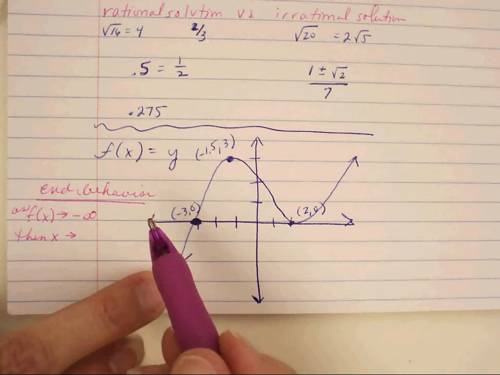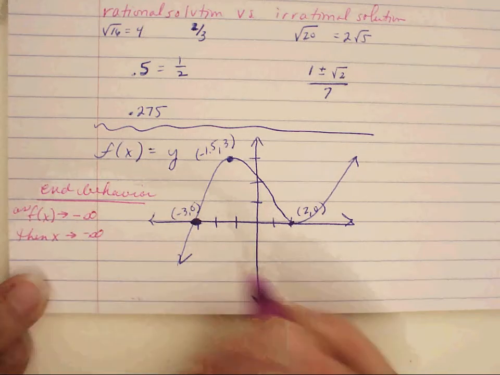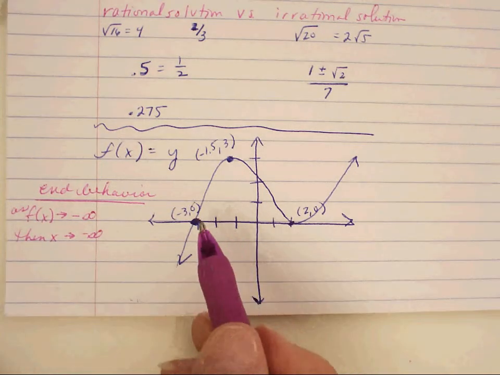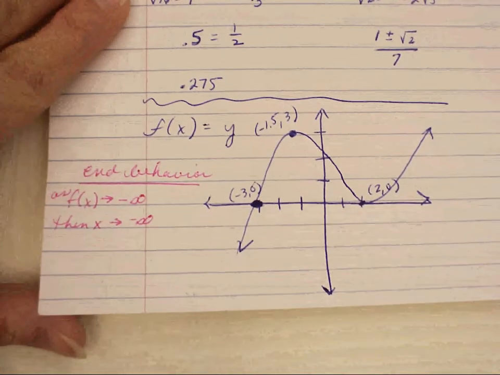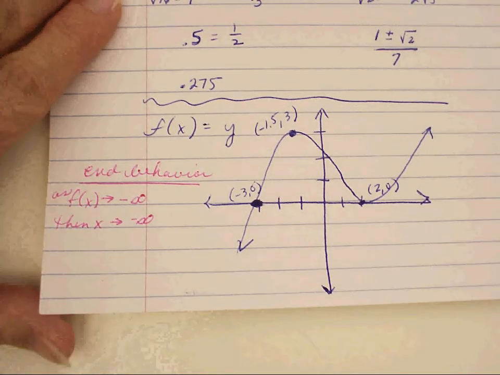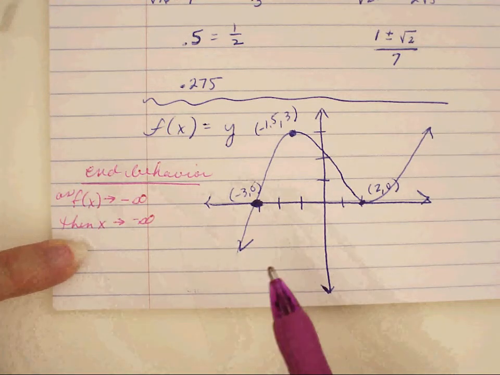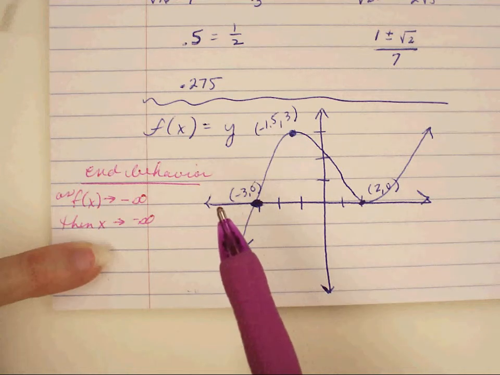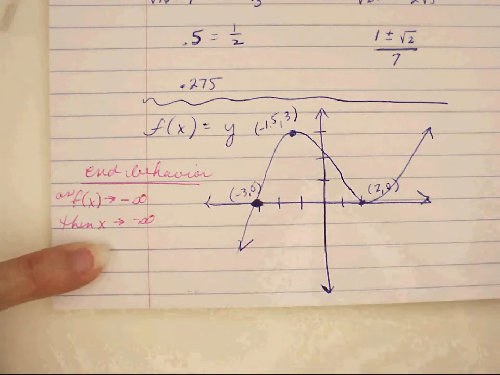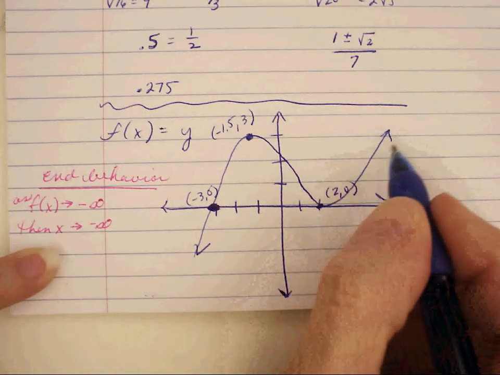As the y goes negative, what is the x doing? It's going negative this time. Negative infinity. How do we usually talk about it? We usually say the x is first, but our book and what you're going to do in calculus later is going to require that you talk about the y first. So I have y is going to negative infinity as x is going to negative infinity.